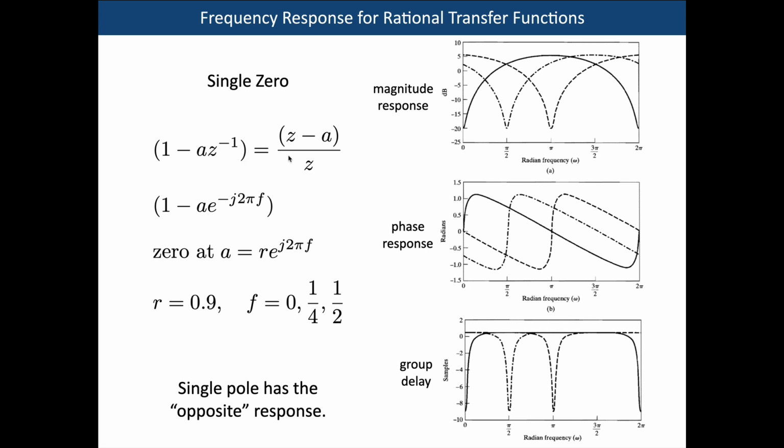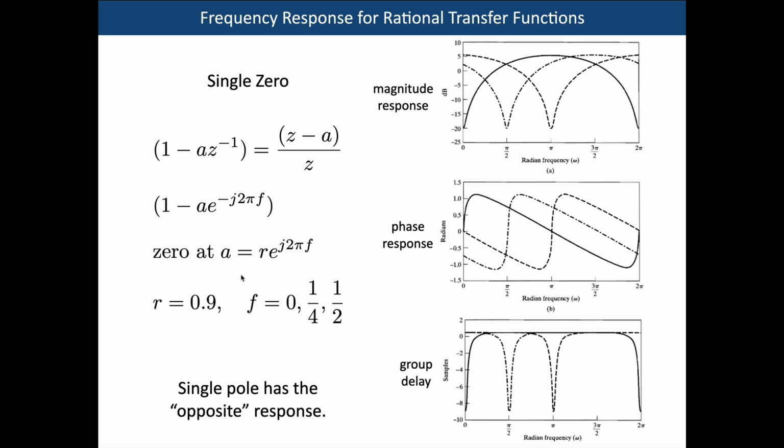And if we write this in a different form, we see that this single term contributes a zero at A and a pole at z equals 0 at the origin. And if we evaluate this on the unit circle, and then imagine that we have the polar form for our zero location, we can make some plots.